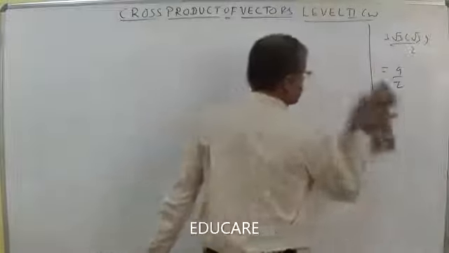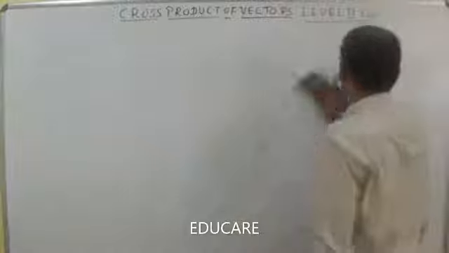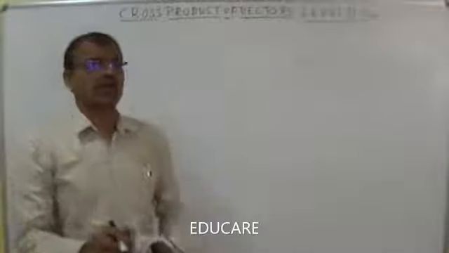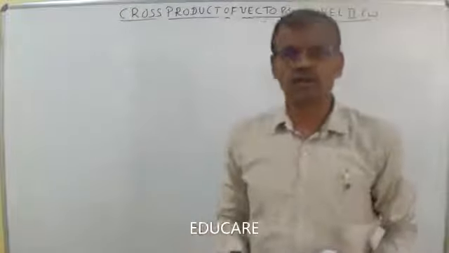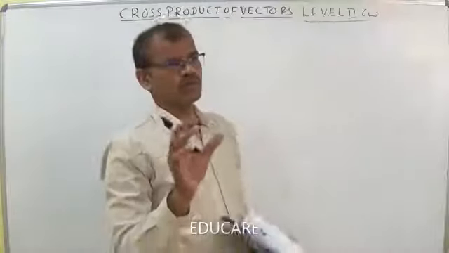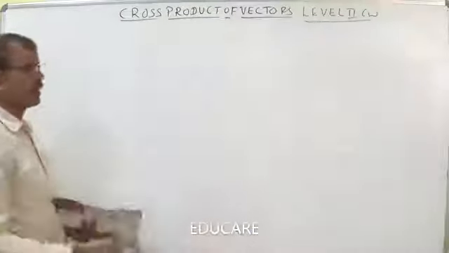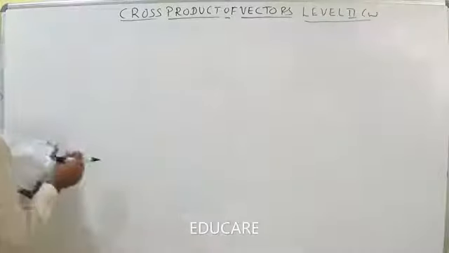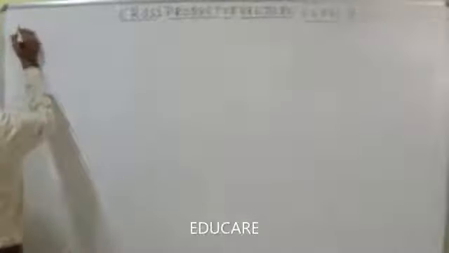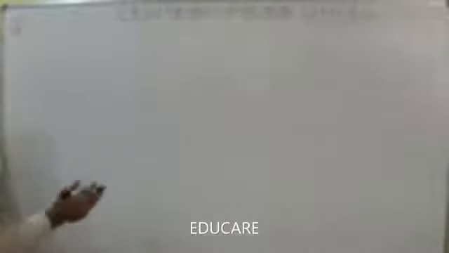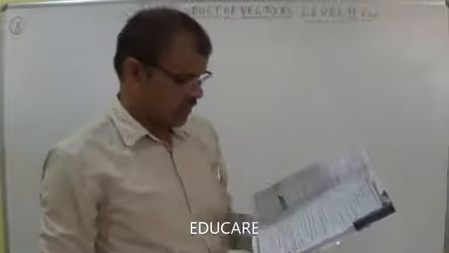Whenever he gives area of a quadrilateral, you should read the question to see whether it is a parallelogram or simply a quadrilateral. About the area of a quadrilateral, if he gives the diagonals, the formula is 1 by 2 AC cross BD. If he gives adjacent sides, the area of a parallelogram is simply a bar cross b bar. Now he is discussing the quadrilateral ABCD with AB, AD, AC.